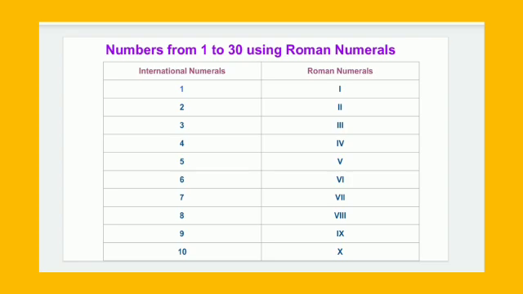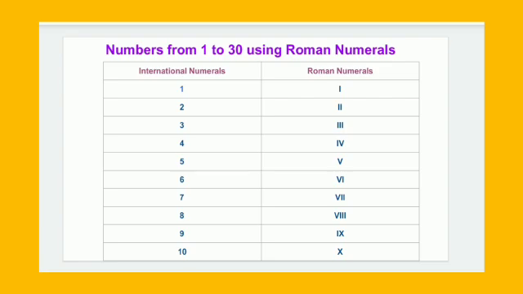Now for 1 we write I. 2, that means 1 plus 1, that is why II. 3, that means 1 plus 1 plus 1, 3 times 1, that is why III. 4 means 5 minus 1, just now we have seen, so it is IV.